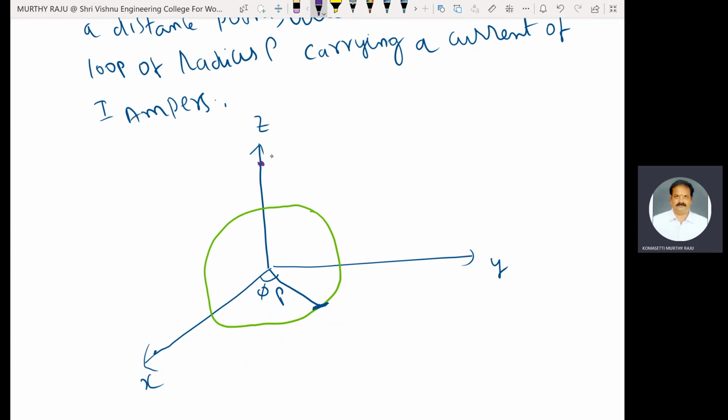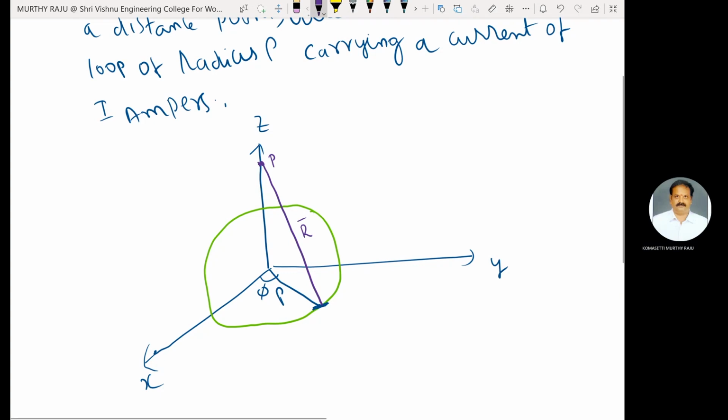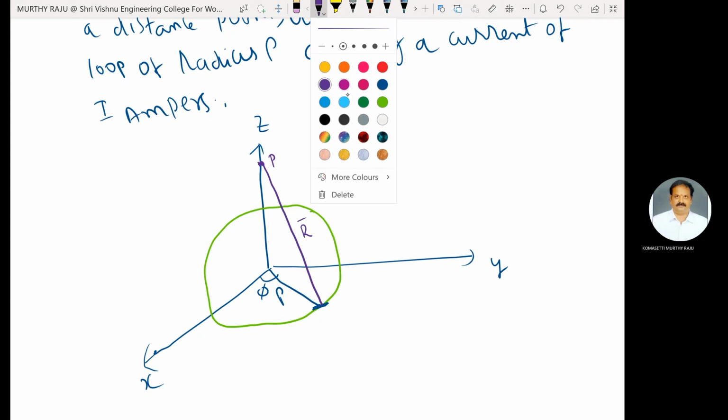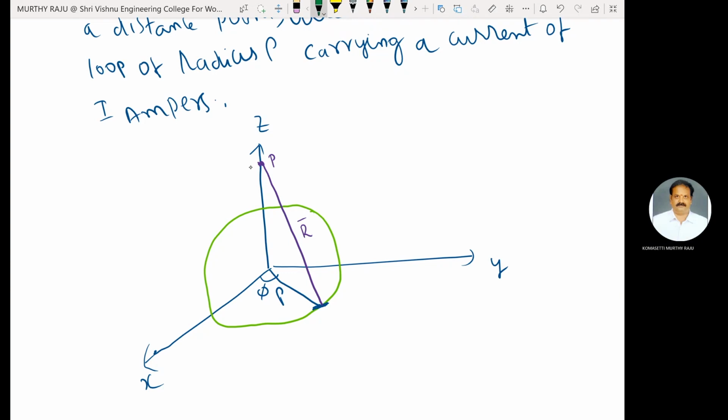This one is point P, and this is vector R. This point P is on the axis of the circular loop. This one is Z.